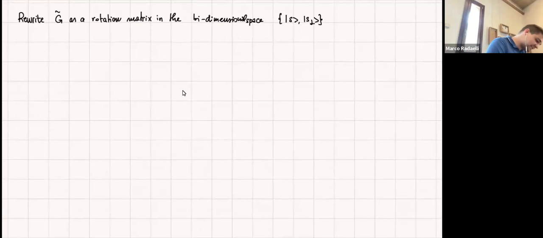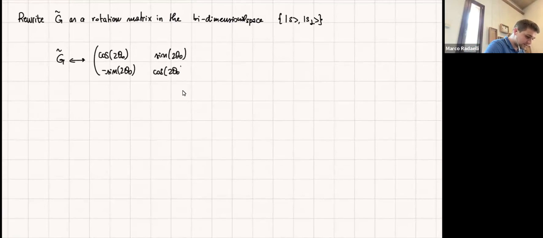How do we write this? So G tilde, the form of the rotation matrix is quite standard. A 2 by 2 rotation matrix is something like this. We know that it rotates by 2 theta naught, so it will be cosine of 2 theta naught, minus sine of 2 theta naught, and then sine of 2 theta naught, cosine of 2 theta naught.